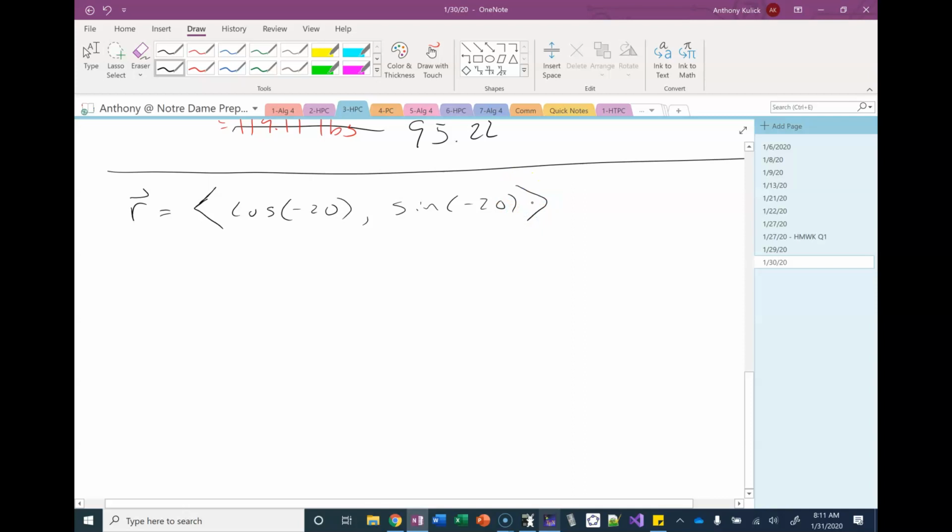Is that okay, Val? Yeah. Okay, that's probably the issue. And then if Paul and the sled weigh a total of 180 pounds, my gravity vector then is 180 cosine 270, 180 sine 270.